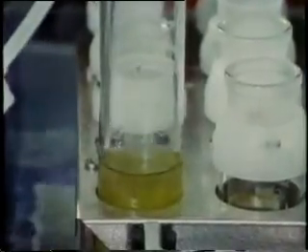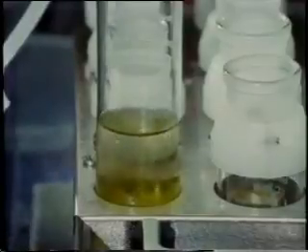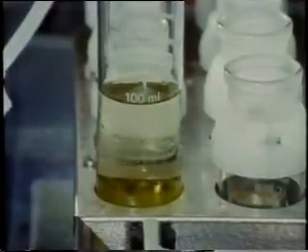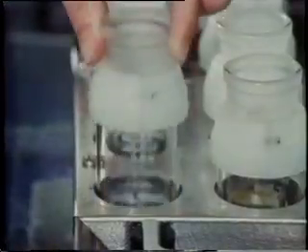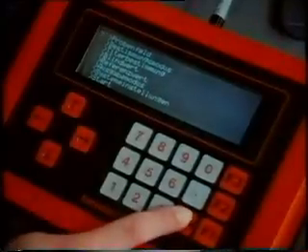Special collars, together with the vessel rack, allow 12 reaction vessels to be determined simultaneously. Evaluation can now be carried out.